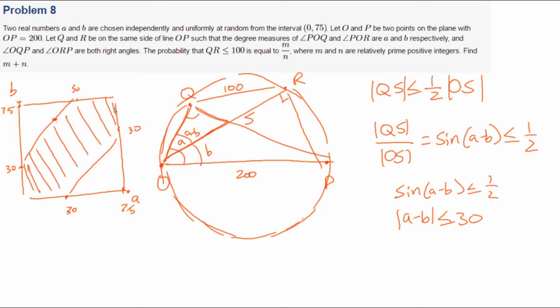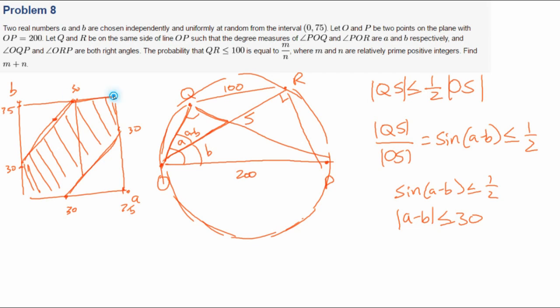And if you're right here and A is 45, B can be all the way from 75 down to 15, right? Because that means they're 30 away. So actually, this graph works really well. And the way to derive this graph is literally just to plug in values of A and B and generate the shape yourself.